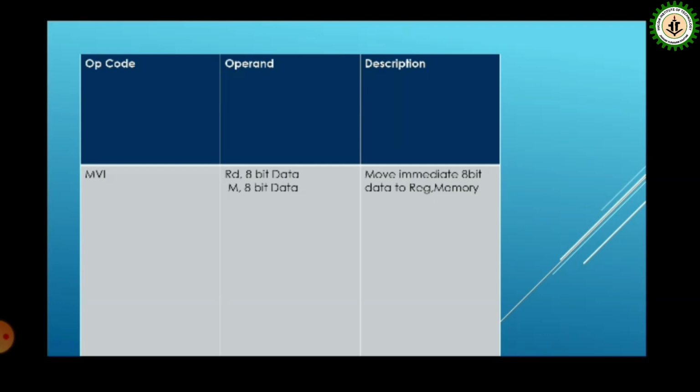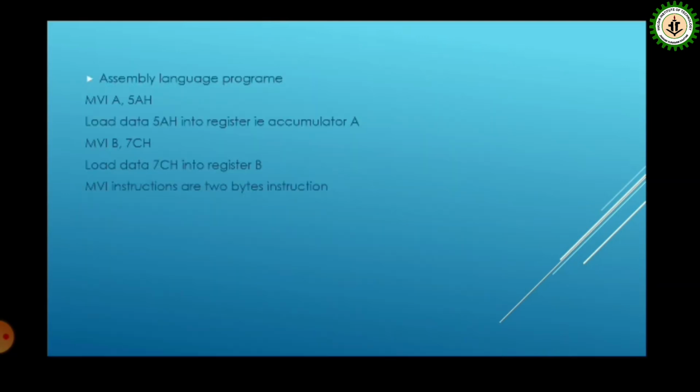The memory address pointed out by the HL register pair only, that register is called memory, or capital M. So the MVI instruction is a 2-byte instruction. We can directly load data into a register or into a particular memory location whose address is pointed out by the HL register pair only.